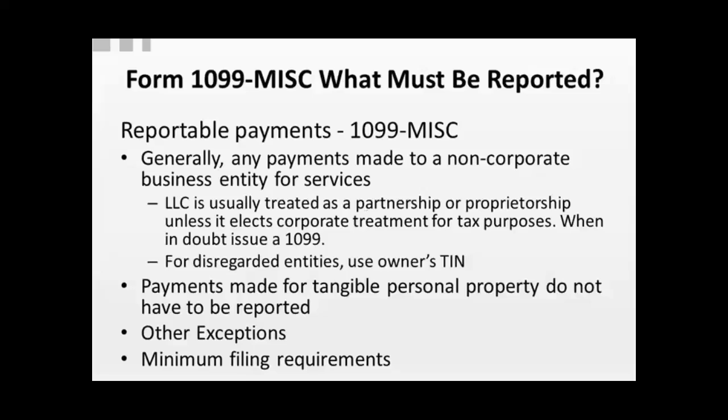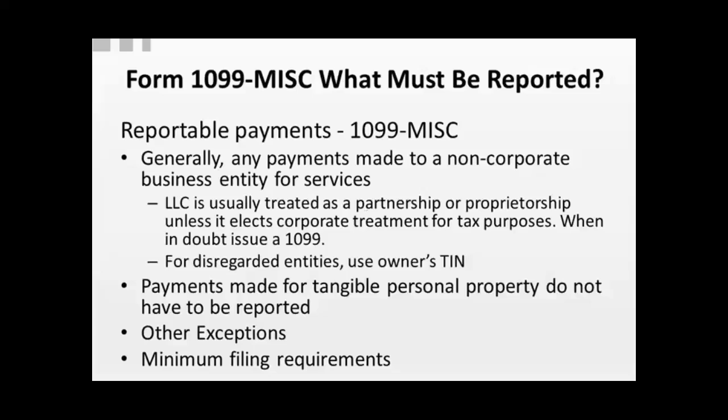If it's a corporation, you're going to use the corporate name, the owner of the corporation that owns the LLC. If it's a partnership, you're going to use the partnership's name and ID number, and so on.